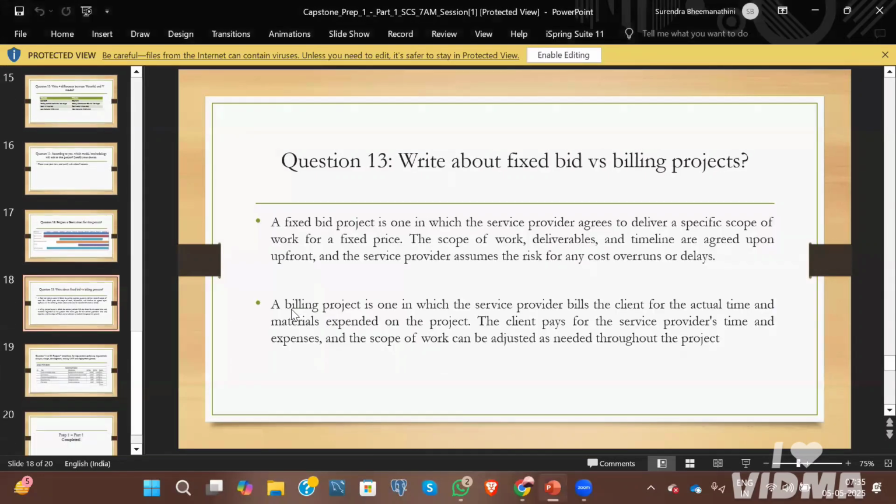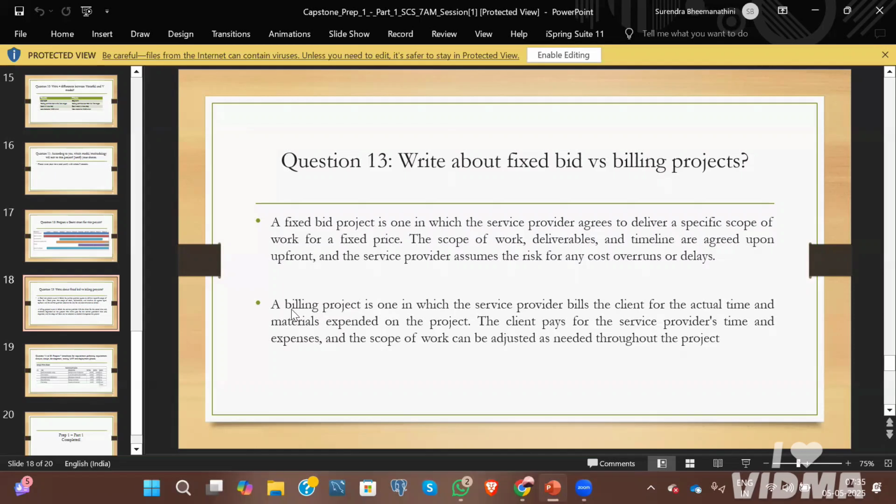Next one, write about fixed bid versus billing bid. You need to understand what a fixed bid is and what a billing project is. Fixed bid is when the client giving us a project fixes his budget and timeline before the initiation of the project. Same as for this e-commerce website, Mr. Anthony has fixed that the budget should be 1 crore and it should be finished within 18 months.